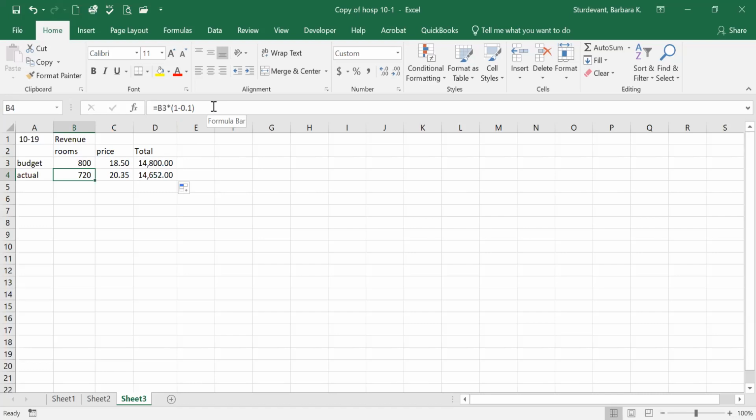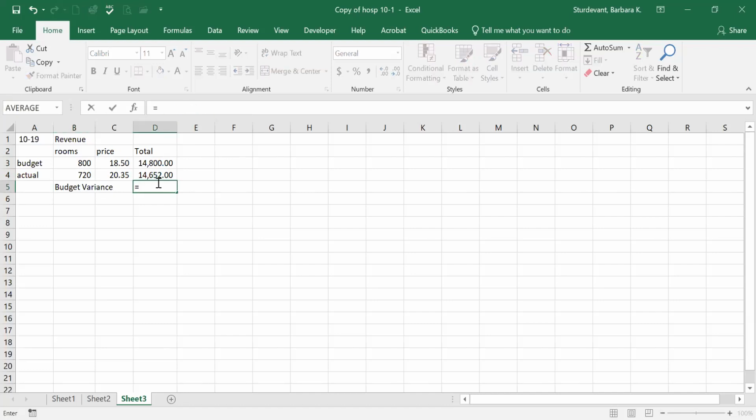Gotcha. All right, so we know we're in trouble because our actual is less than our budget. So we have a budget variance, and since we want the actual to be higher, I'm going to take the actual and subtract off the budget.